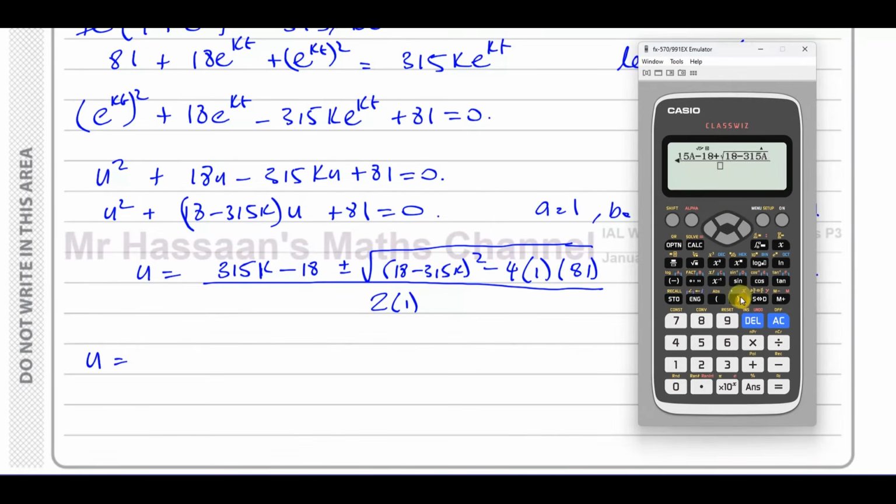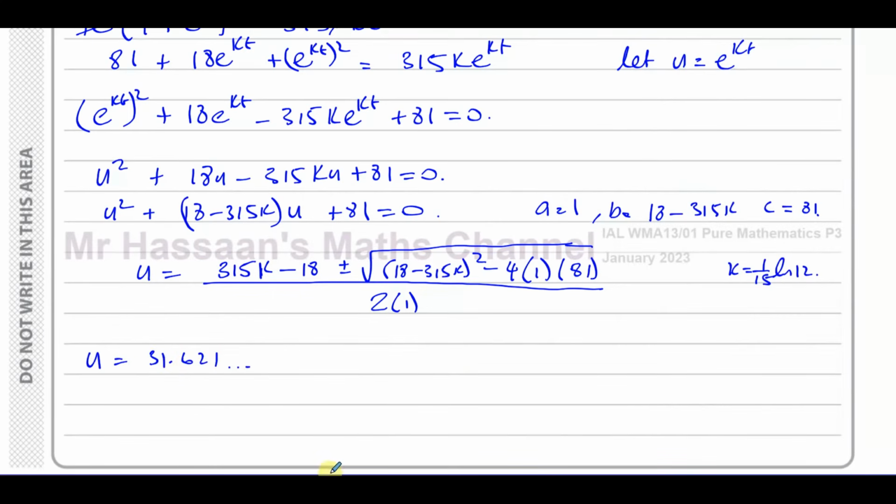And this should be in a bracket actually, because this whole thing has to be squared, so let me put a bracket there. 18 minus 315a, and that whole bracket is squared, minus 4 times 81, all over 2. So that should give me one of my solutions for u, which is 31.621.